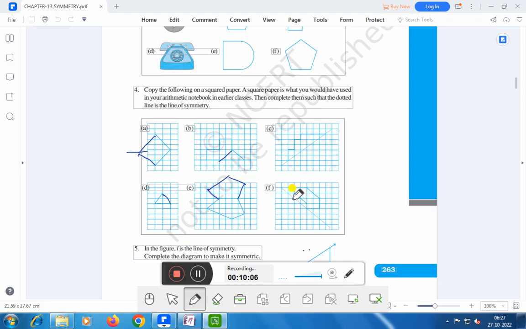That is, we have to draw in this way, like this. It will be same as the figure.